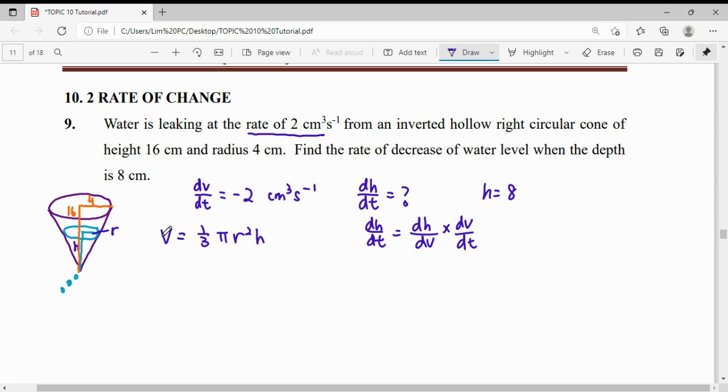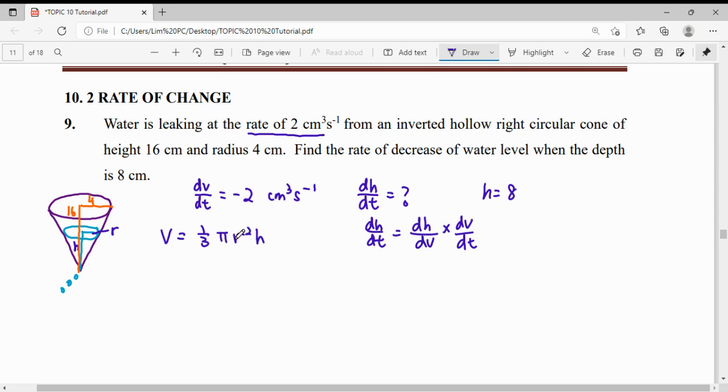The volume formula is in terms of two variables, so we have to simplify our formula into a single variable, h, so that we can differentiate V with respect to h.